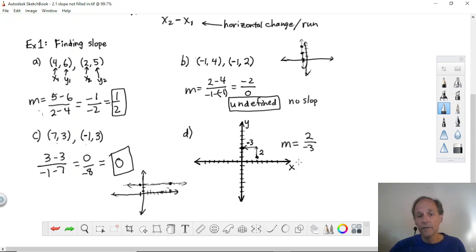Okay, so just for fun, let's go ahead and write down what those points are. This one down here is 1, 2, 3, and up 1. So that's 3, 1. And the other point is 0 on the x-axis, right? You're not going to the right or the left because the point is plotted right on the y-axis.